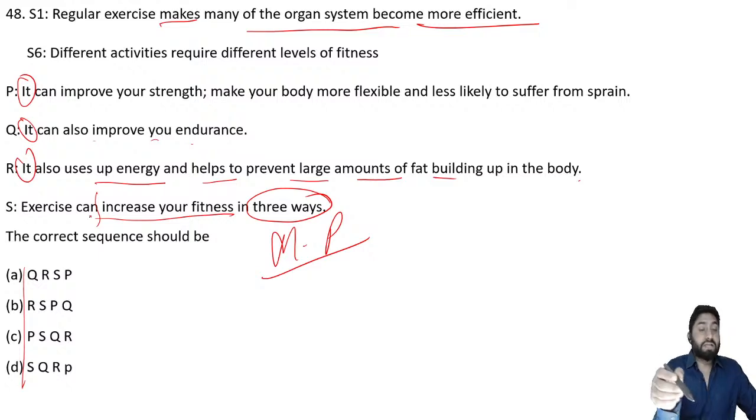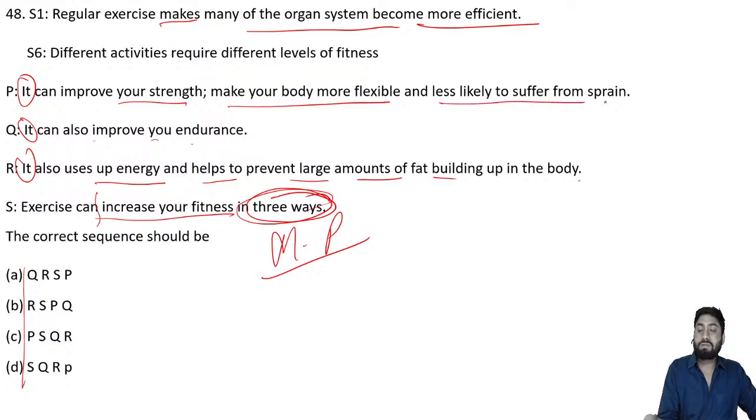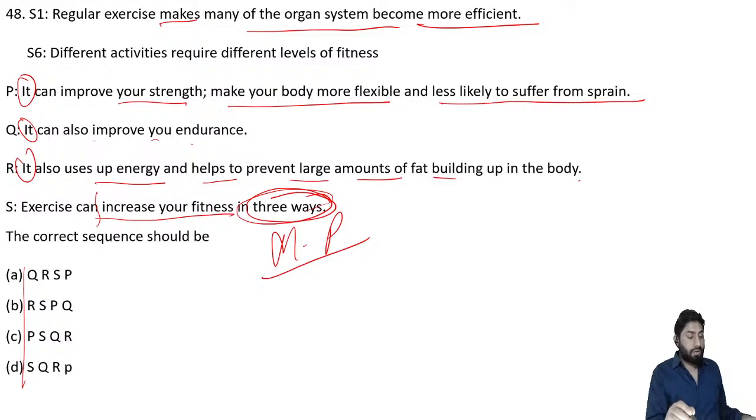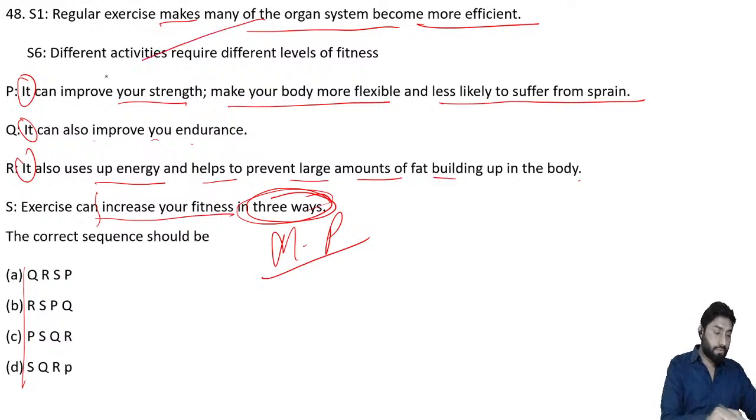Anyway, regular exercise makes many of the organ systems become more efficient and different activities require different levels of fitness. See, if we talk about three ways, it can improve your strength, make your body more flexible and less likely to suffer from sprain. Endurance. Anyway, again the same. See, this goes well with Q. Just a minute.